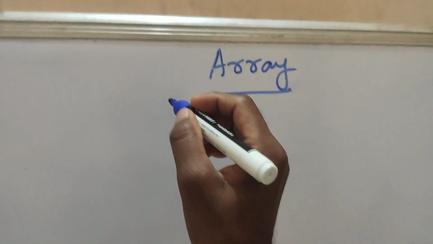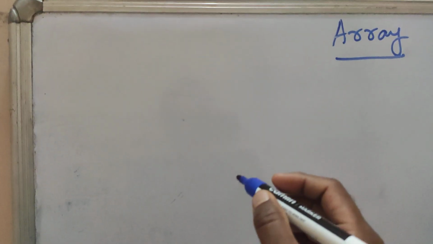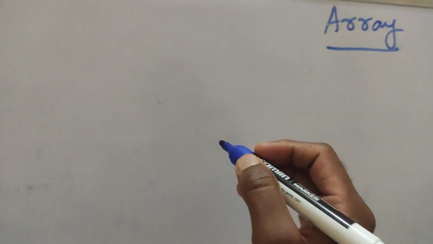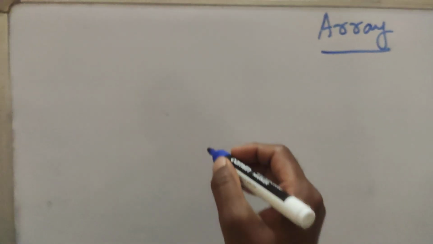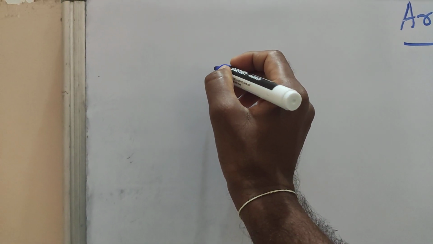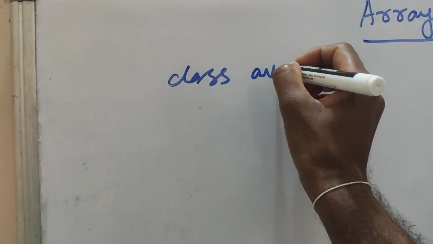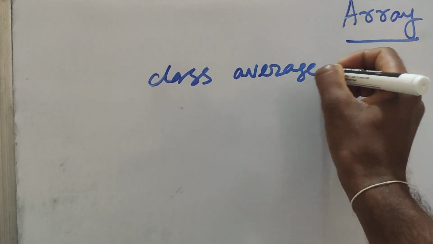Now first, by using simple assignment statements, I want to write a program for the addition of all 10 numbers, the addition of 10 values, and then the average. Let's see, class average.